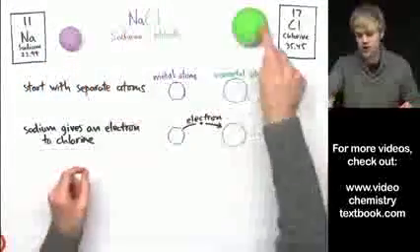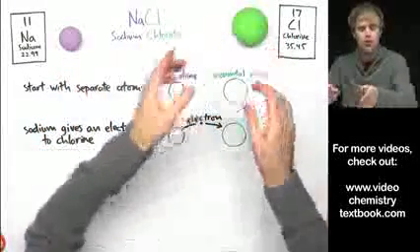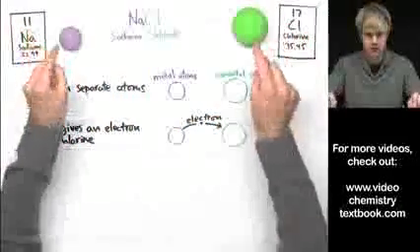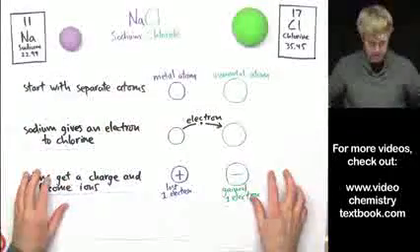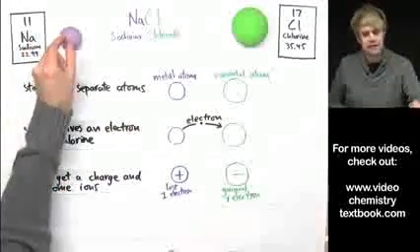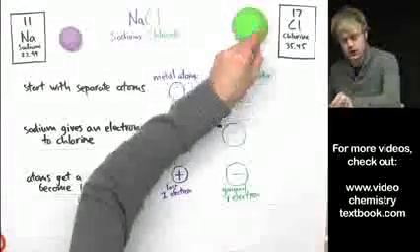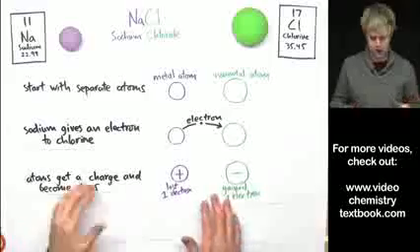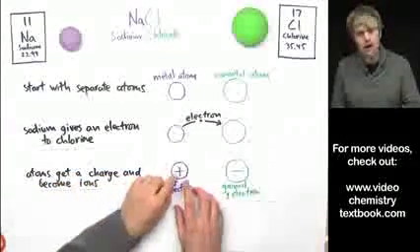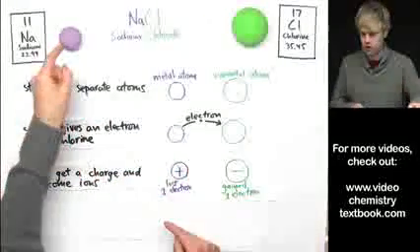Now this electron moving will change the charges of these two atoms. Okay? That's what happens in the next step. Sodium gives away one of its electrons to the chlorine, so it loses one electron. It has one fewer electron, and that's going to give it a positive charge because it lost an electron.